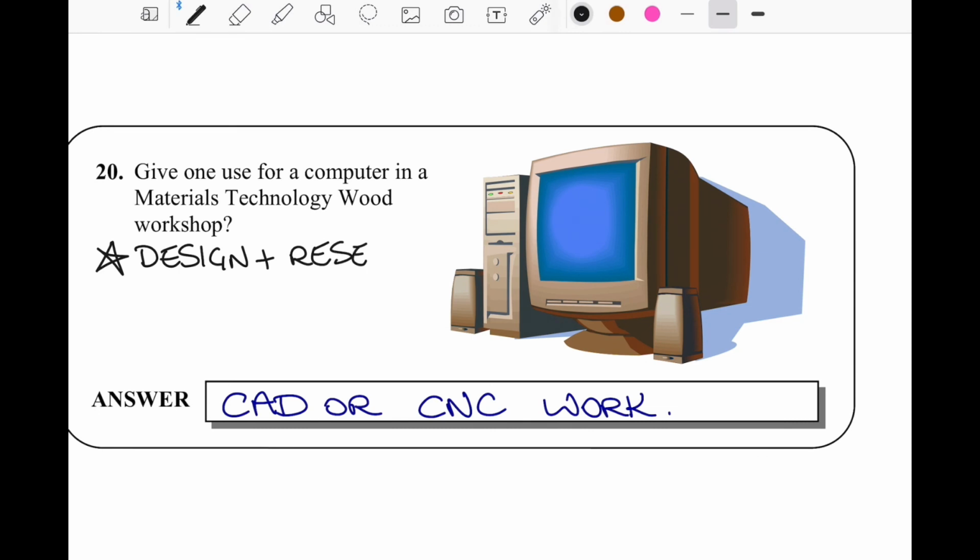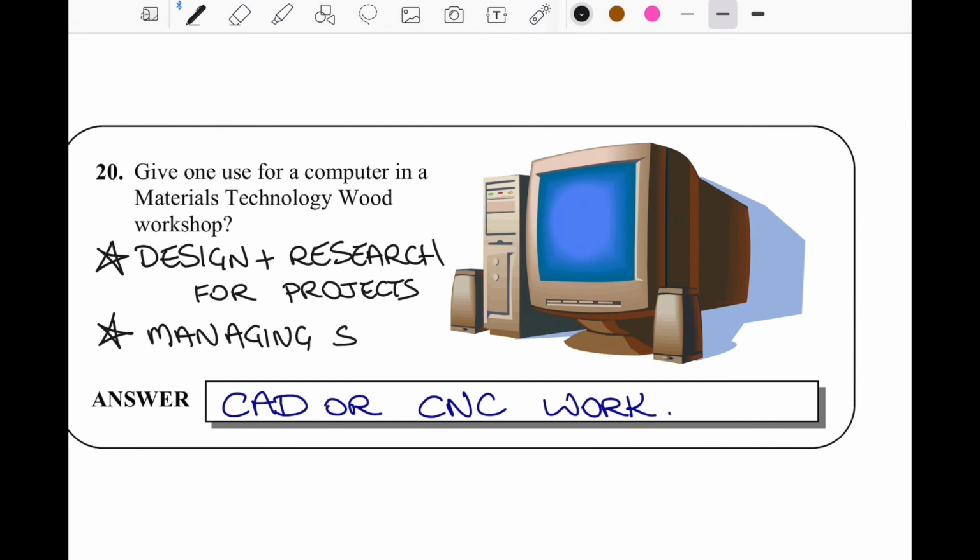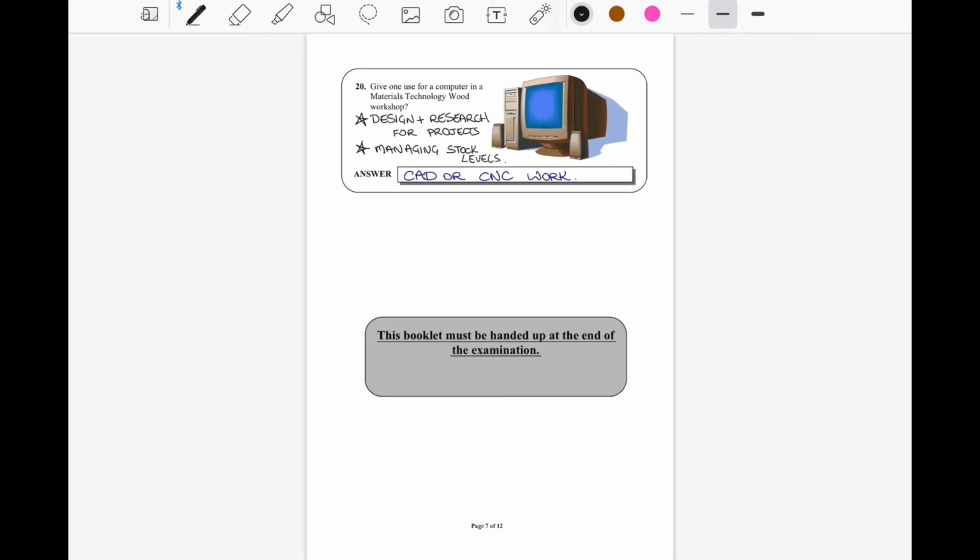Very handy, a very important thing, design and research for projects. You might also use it for managing stock. Managing stock levels, and that's all I can think of for the moment. There's probably more. All right, so there we go.